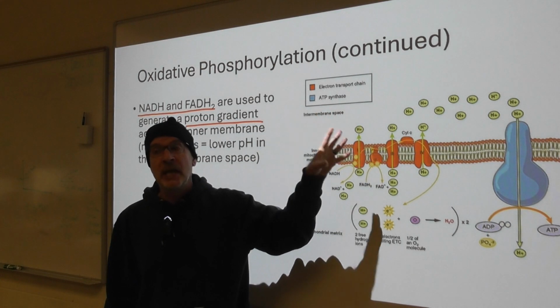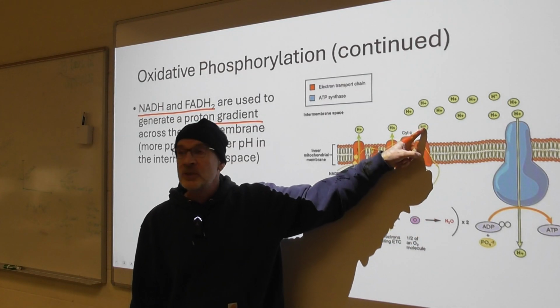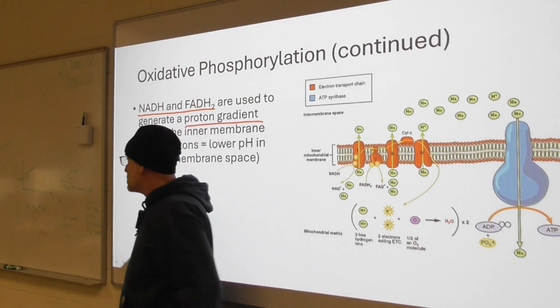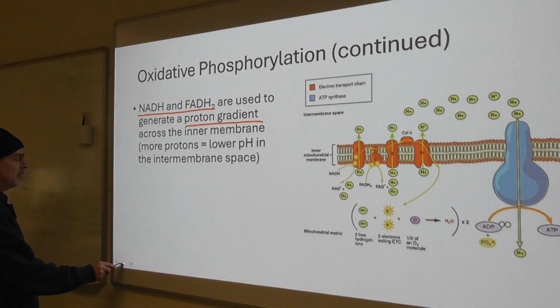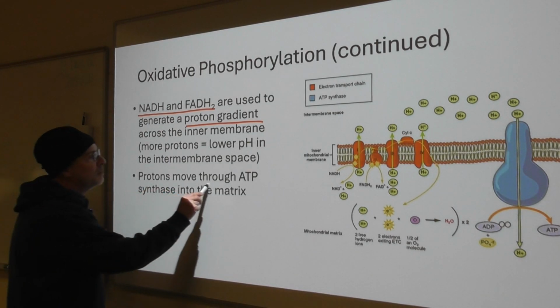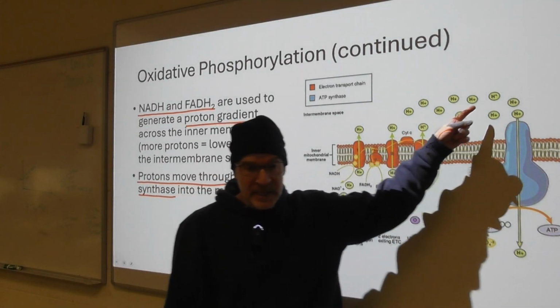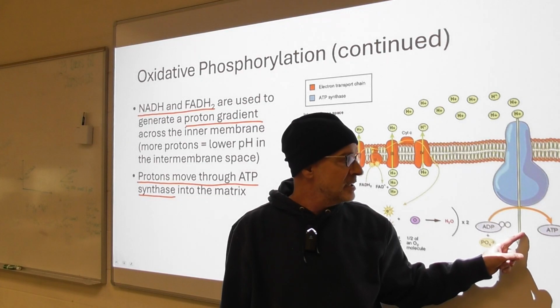If you open up a channel to let some of these protons back in, they're going to go from where there's more of them to where there's less. That motion is captured and used to hook up ADP and inorganic phosphate. The protons move through ATP synthase. This is our ATP synthase, really similar to the ATP synthase in photosynthesis.